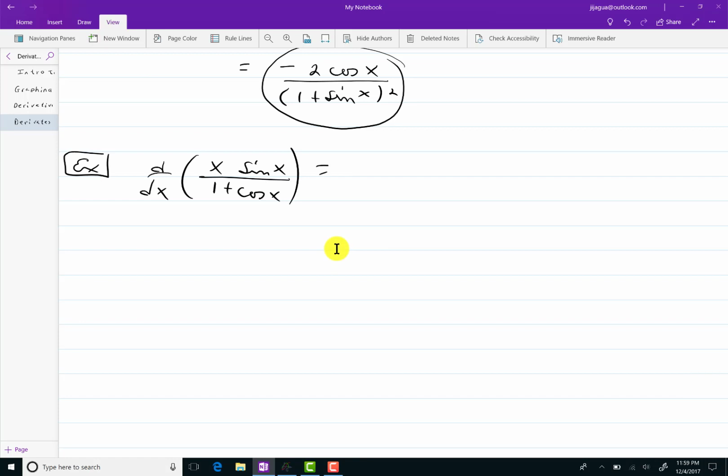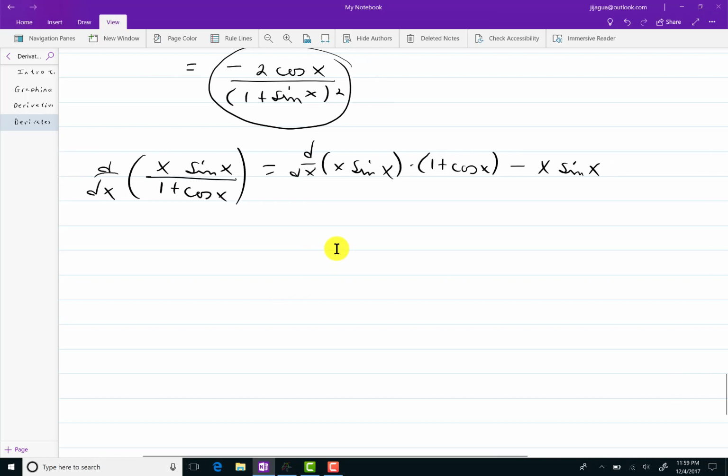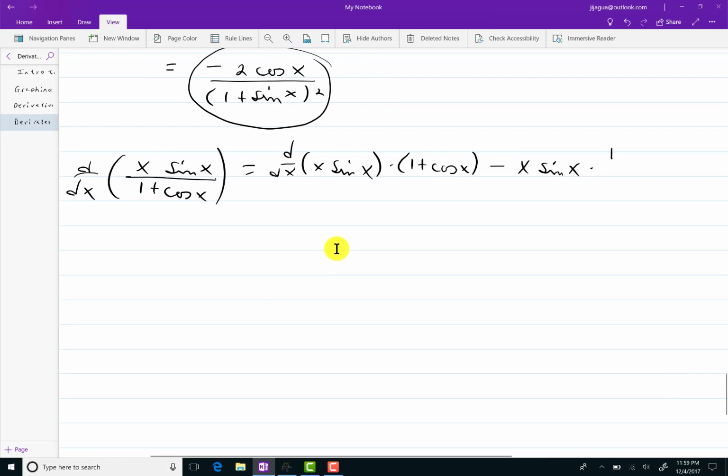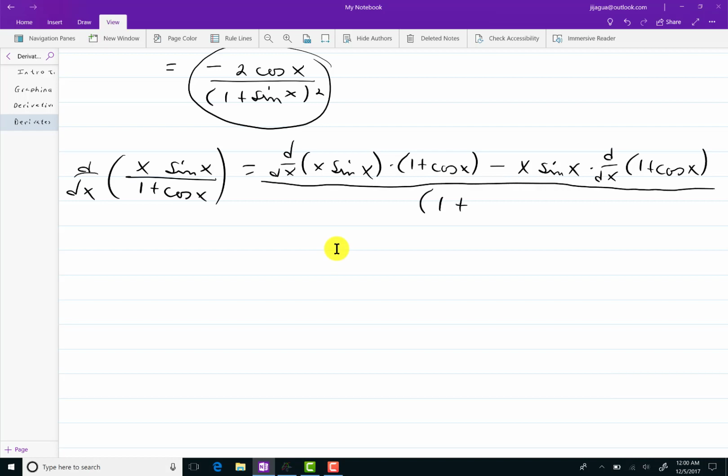That's going to equal d over dx of x sine of x times 1 plus cosine of x minus x sine of x times d over dx of 1 plus cosine of x. All of that is divided by 1 plus cosine of x squared.